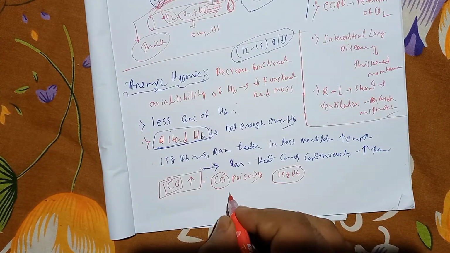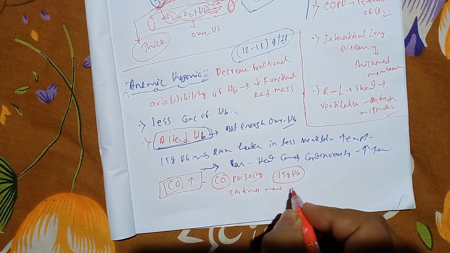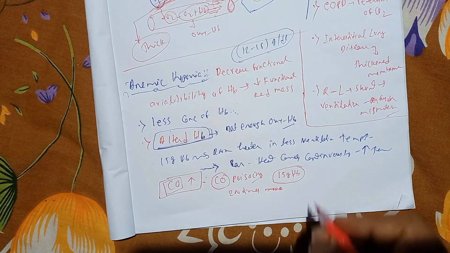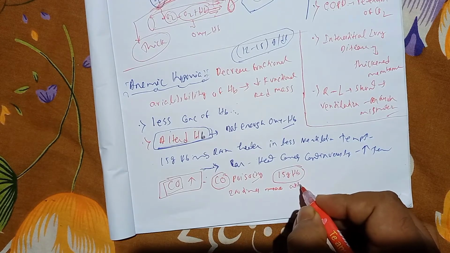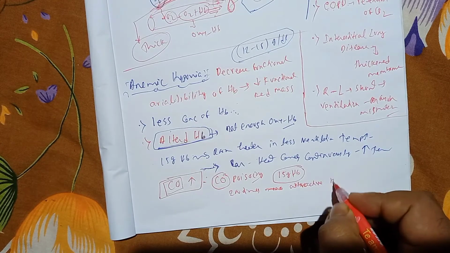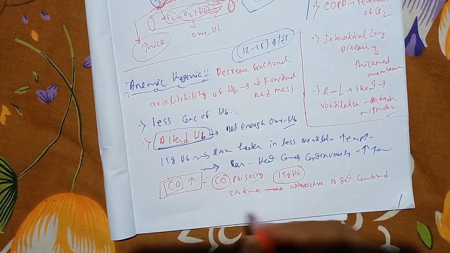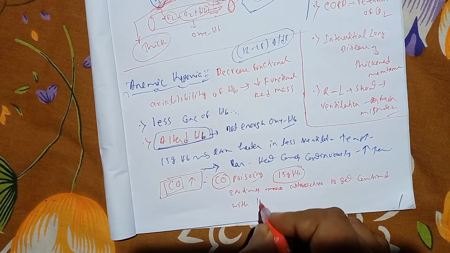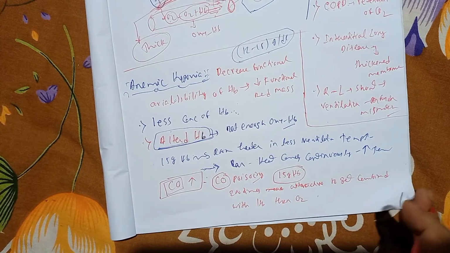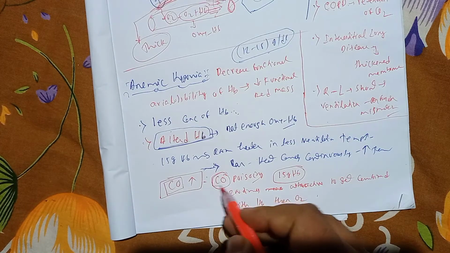It's near about 200 times more attractive to get combined with hemoglobin than oxygen. Okay, guys. Now what will happen if the amount of the carbon monoxide gets increased in our body?